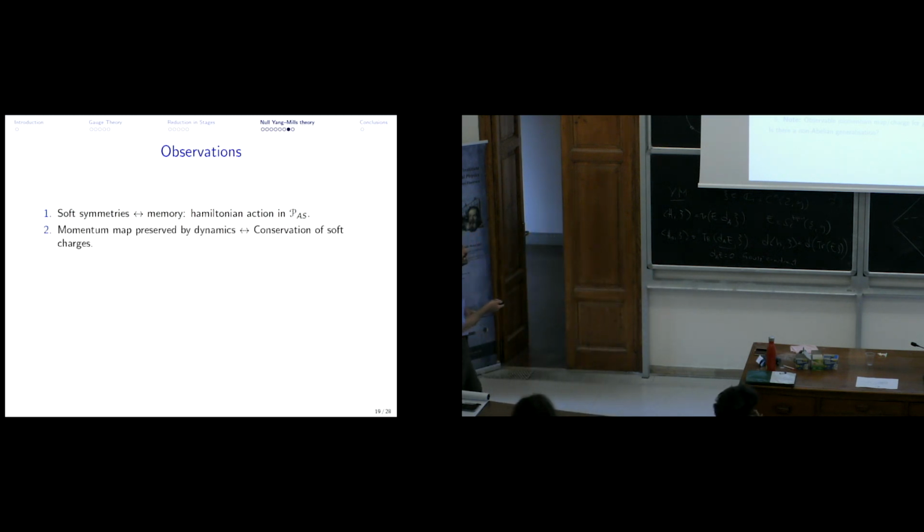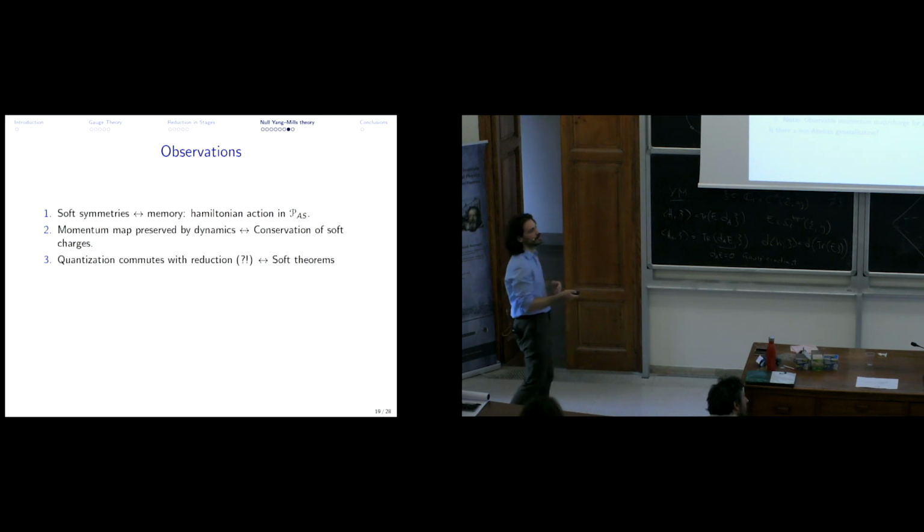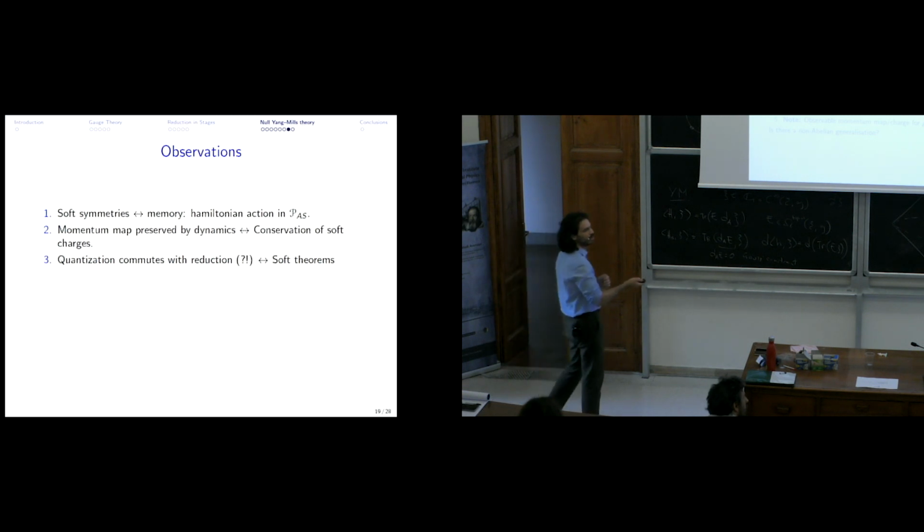The fact that the momentum map is preserved by the dynamics is the statement that people usually look at of conservation of soft charges. And the potential result of quantization commutes with reduction should be, but this is still heuristics, the motivation for why soft theorems are true.